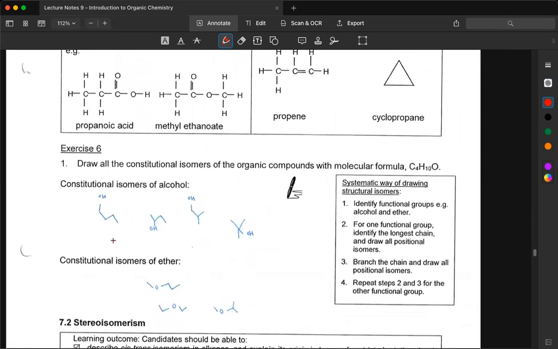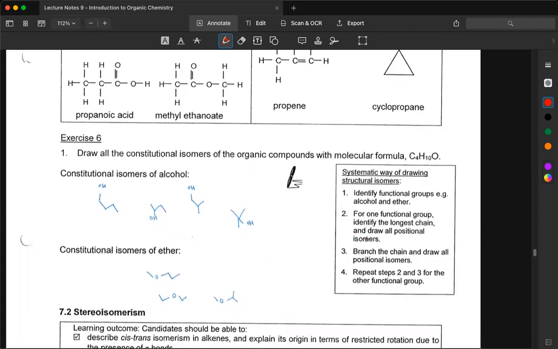Now, how do you draw the constitutional isomers of the organic compounds with the molecular formula C4H10O? So this is the systematic way of drawing it. Number one, identify the main functional group. So is it alcohol or is it ether? It can be either or. For one functional group, identify the longest chain and draw all the possible positional isomers. Branch the chain and draw all.